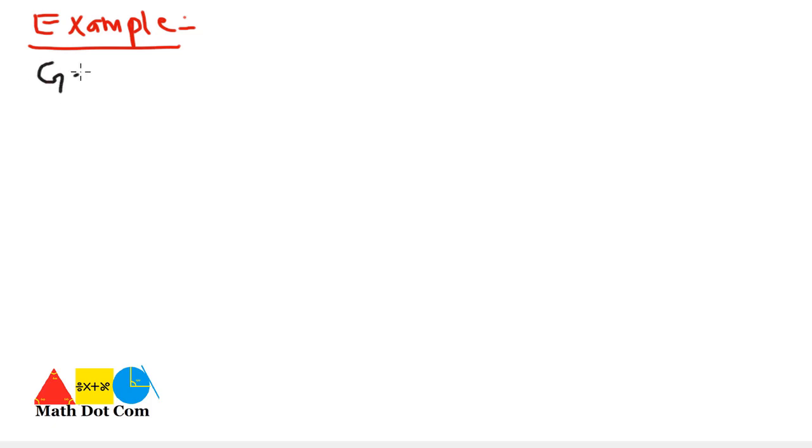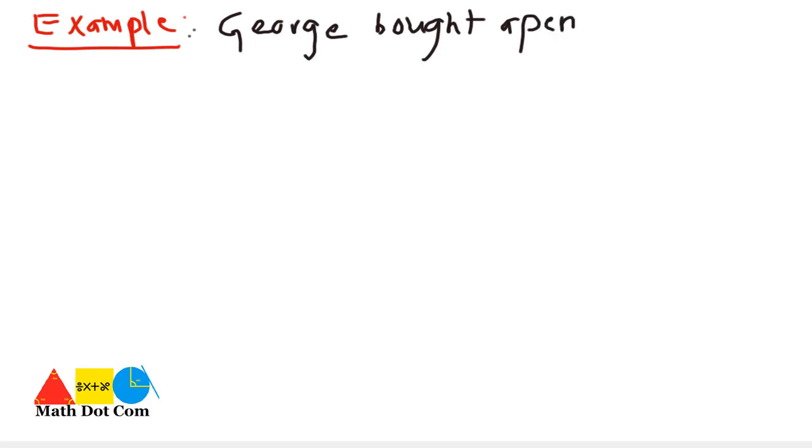The example is: George bought a pen and book for rupees 45.